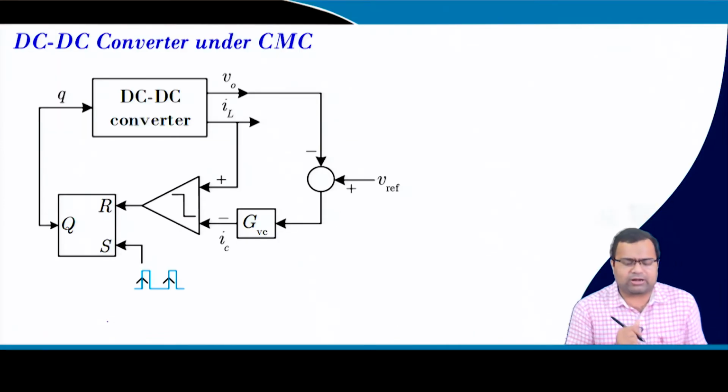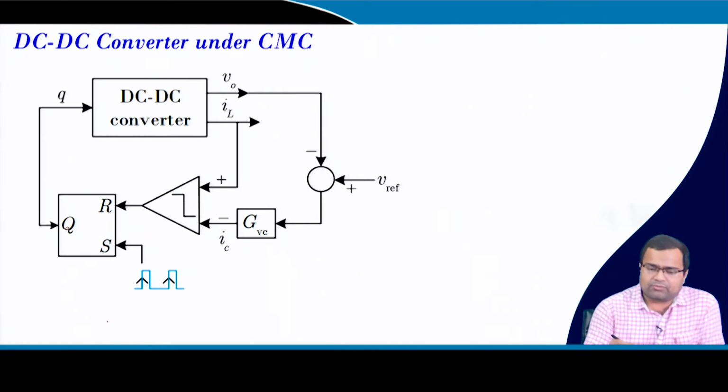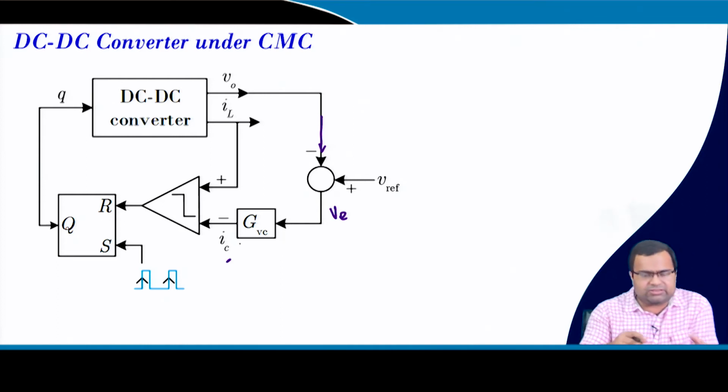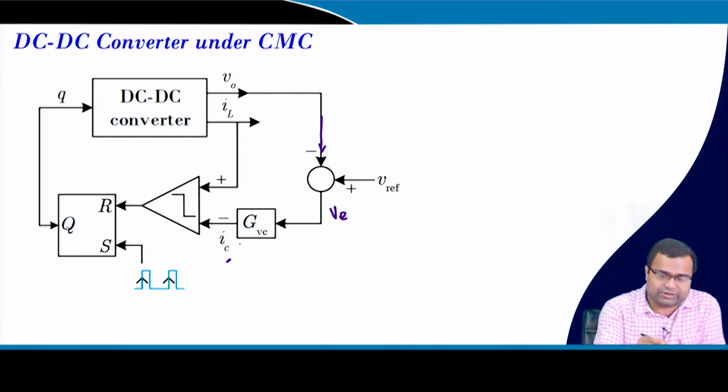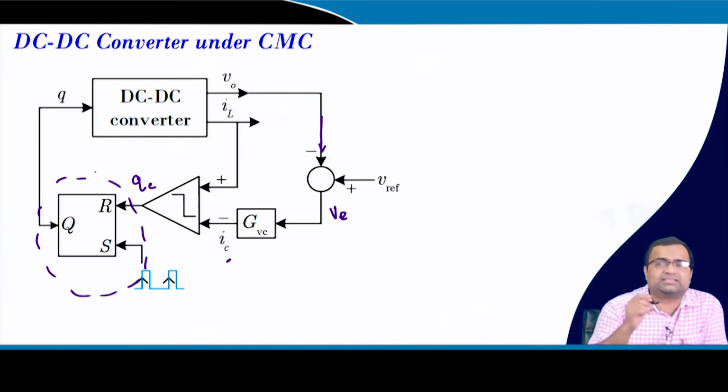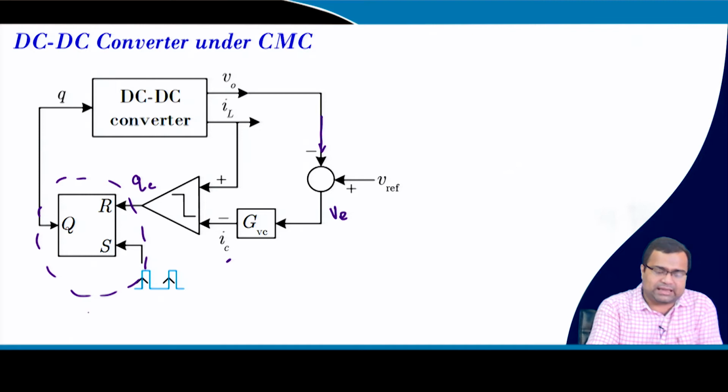In the current mode control block diagram we discussed earlier, we sense the output voltage here, and it is compared with the reference voltage, and this is our error voltage. It goes through a controller, and the controller generates the current reference. We will use different notation; sometimes we use IREF, here I will use IC. You can use any of the reference current notations. The output of this comparator goes as an input to this latch circuit, and this whole logic is actually trailing edge PWM that we discussed earlier.